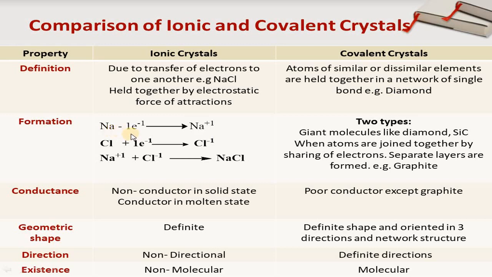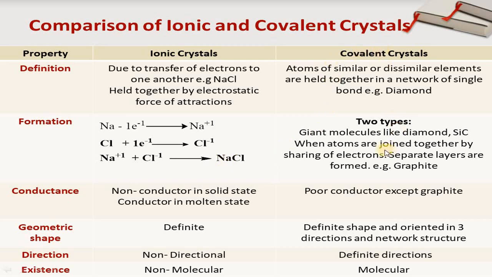It's very simple: sodium loses one electron and we have the formation of a sodium cation, and that electron lost by sodium is gained by chlorine, and we have the formation of the chloride ion. Both the cation and anion combine together due to the strong force of attraction, and we have the formation of this ionic compound.